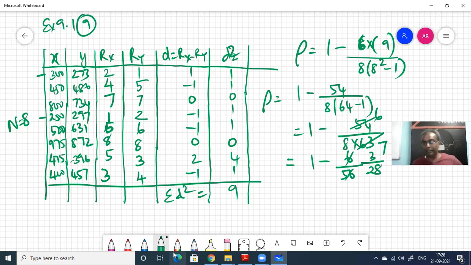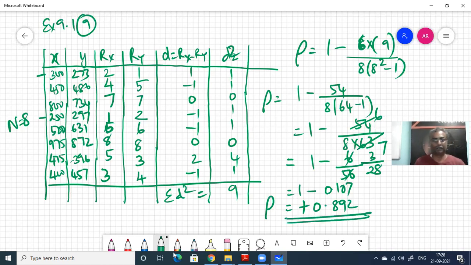How much is 3 by 28? 0.107. So our final answer rho is 0.892. That is the final answer. Very easy sum. Which sum is this? 9 sum, no?